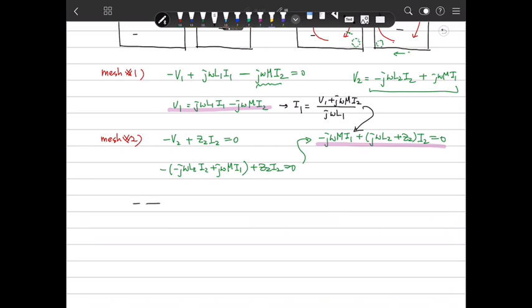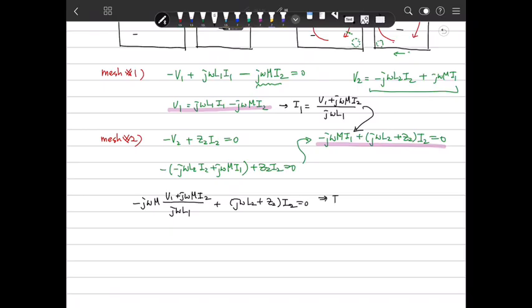Then minus jωM over jωL1 times V1 plus jωM I2 plus jωL2 plus G2 I2 equals 0.